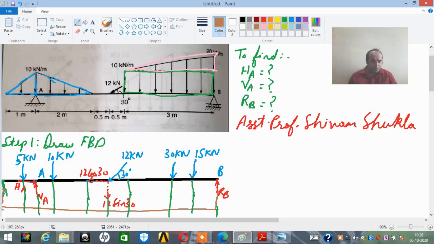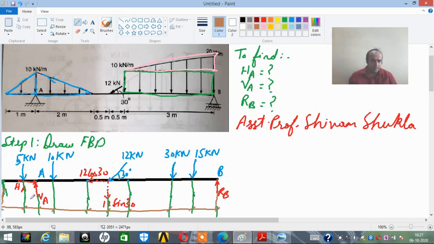If I am seeing from here, at a distance the point load was L by 3 from this, the height of the triangle, L by 3. So 1 divided by 3 comes out to 0.333. I can just show the marks so that the distances can be shown.